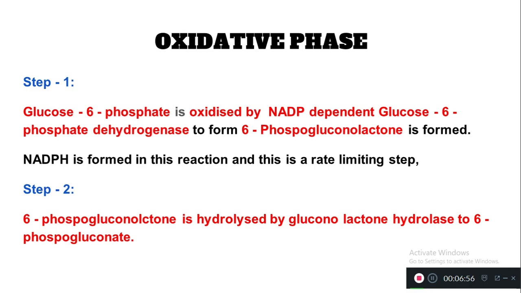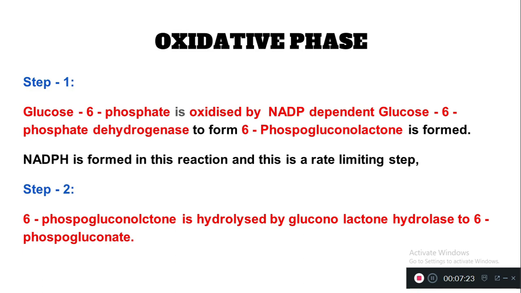So in step 1, glucose 6 phosphate is converted into 6 phosphogluconolactone with the help of the enzyme glucose 6 phosphate dehydrogenase. This is an NADP dependent enzyme. NADPH is formed in this step, and this is the rate limiting step.